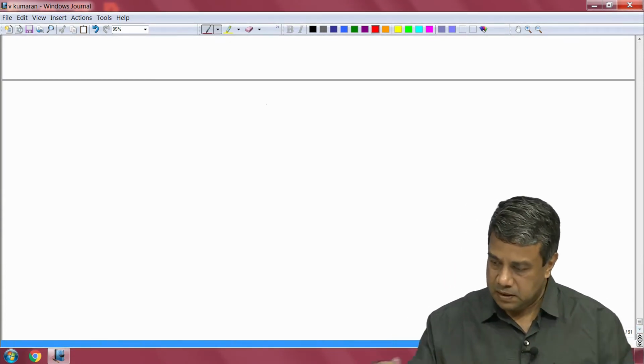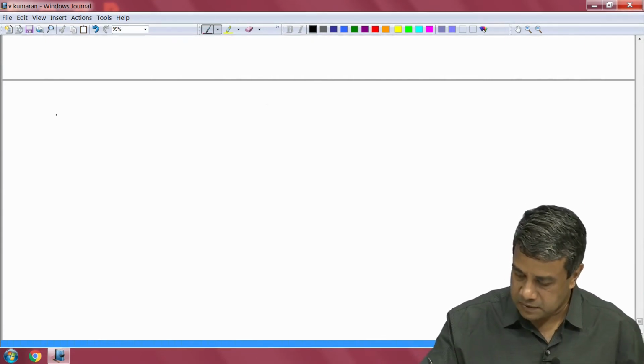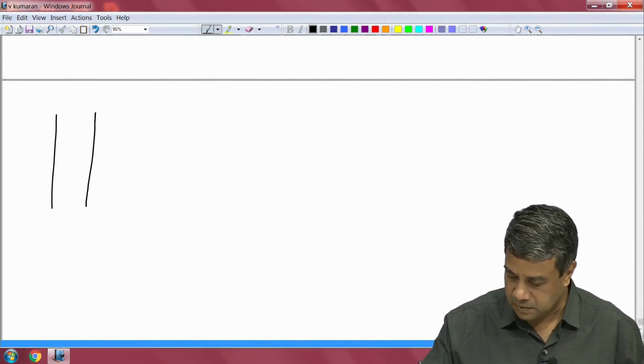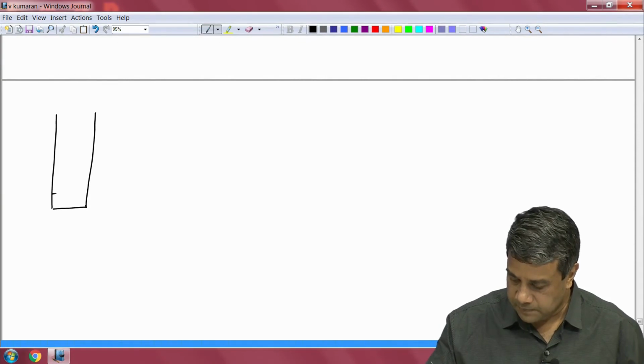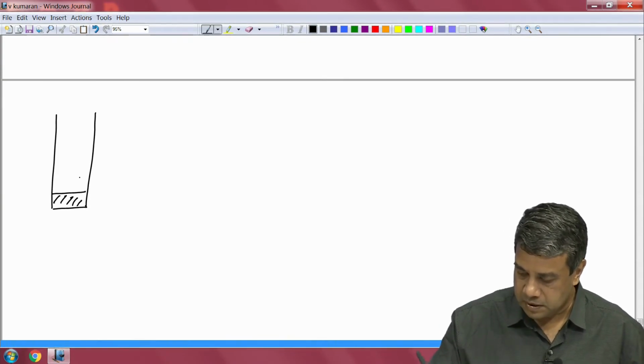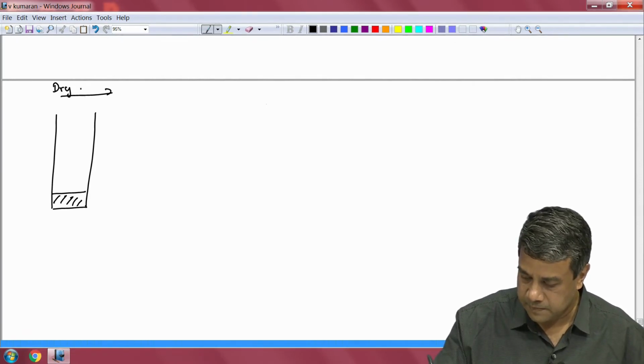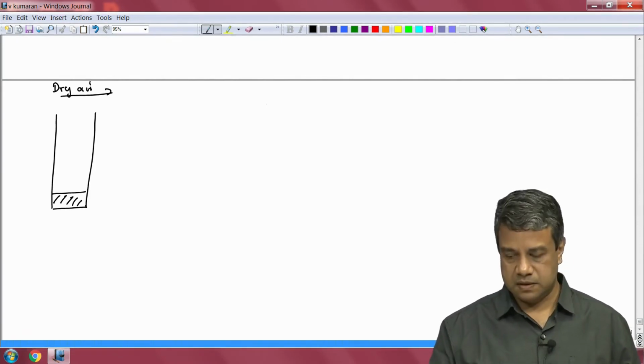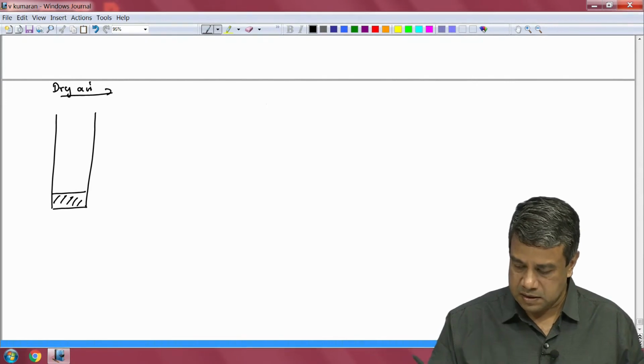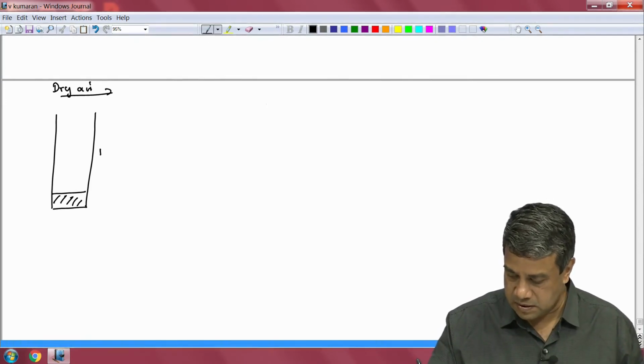The first is the evaporation of water from a thin tube. Water in a thin tube is evaporating because there is dry air blowing across. And this total distance is, let us say, 15 centimeters.